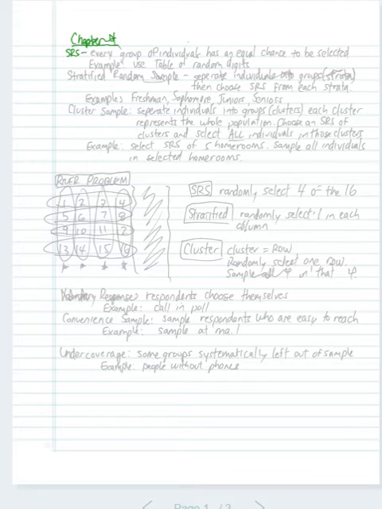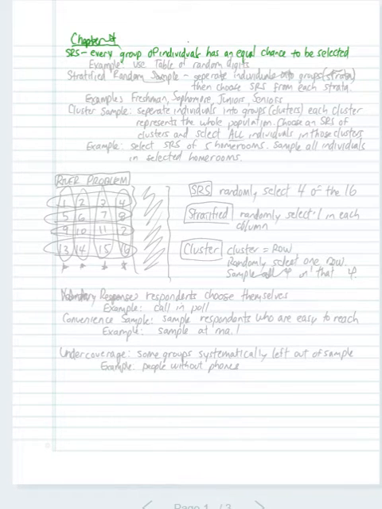The first definition is for a simple random sample, or an SRS, and this is what I have for my definition. Every group of individuals has an equal chance to be selected.